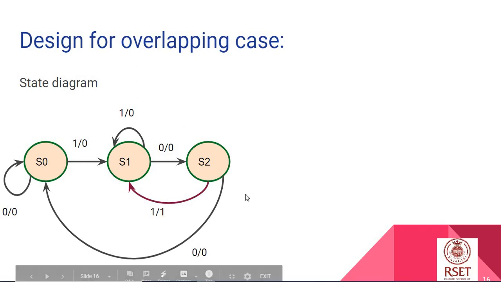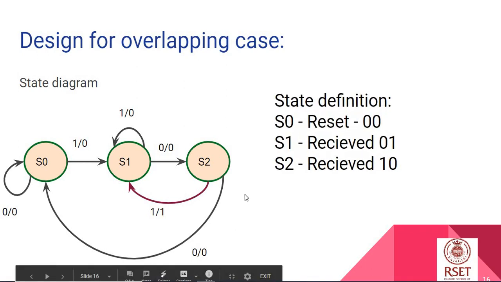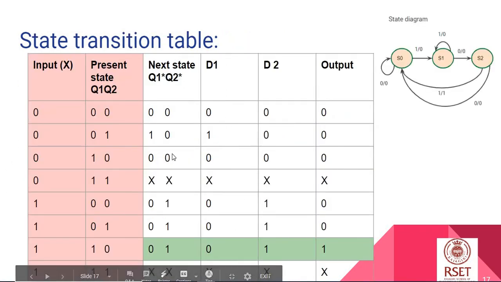So with respect to the state diagram, we can obtain the state table. The difference compared to the previous case is that over here, when we are at state 1, 0 and we give a 1, we go to the state which says that we have a 1 in our hand.